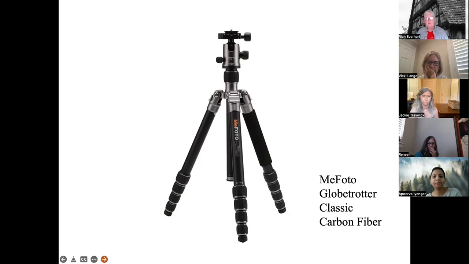So this tripod, $319, comes with everything you need. And then once again, it's only 3 pounds. And if we fold it all the way up, it's about 1.5 feet long, which means when you travel, you can put it right on the top of your suitcase, zip your suitcase up. It didn't add much weight to your suitcase, and it doesn't take up much room. So to me, it is the best quality tripod out there.